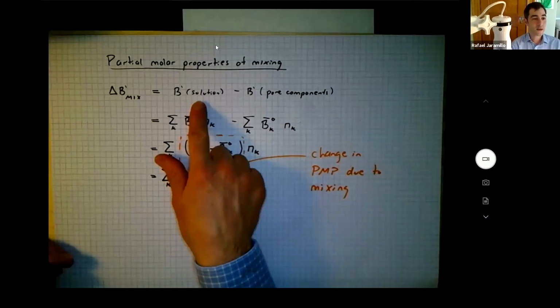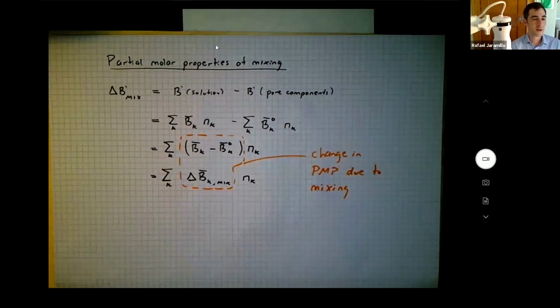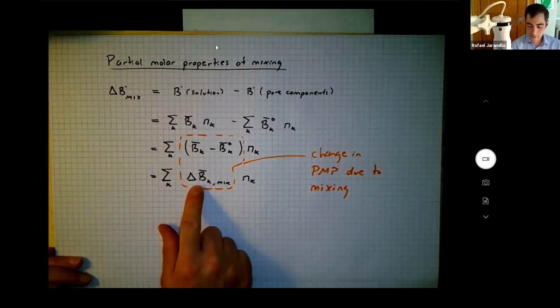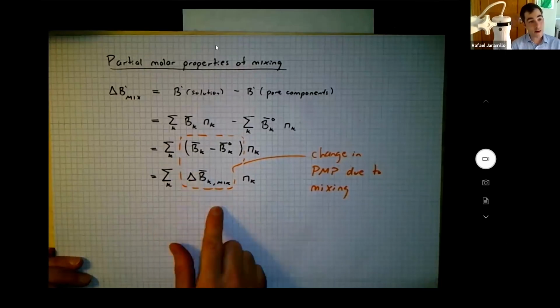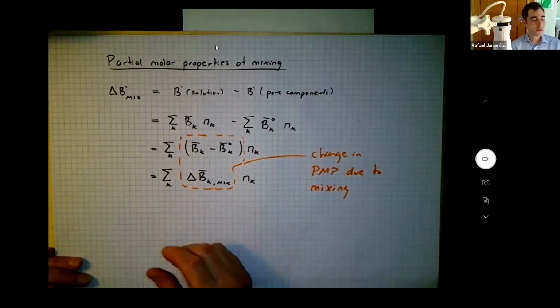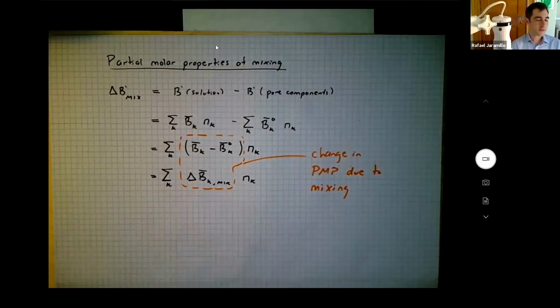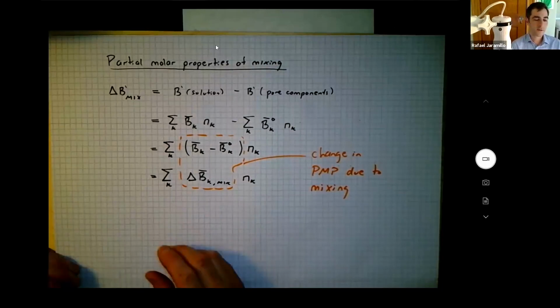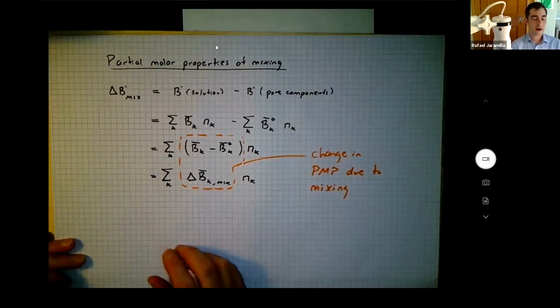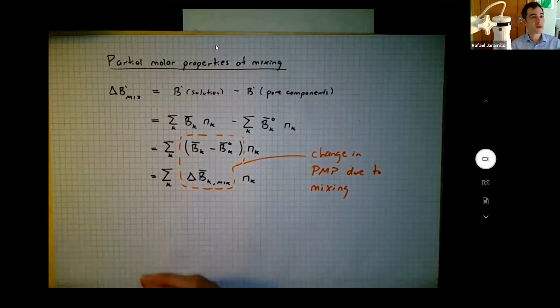And different solutions will result in different personal space per person. And we have this term, delta B of k, partial molar property of mixing, to capture how that changes, right? So how does your personal space change from your ideal situation where you're in a field by yourself? If you're in a crowded subway car, or you're surrounded by a crowd of people who you like, maybe your personal space shrinks. Or you're surrounded by a crowd of people who you don't really like. Maybe your personal space expands.